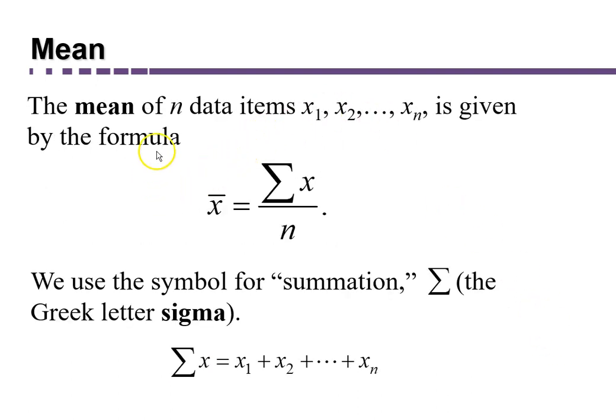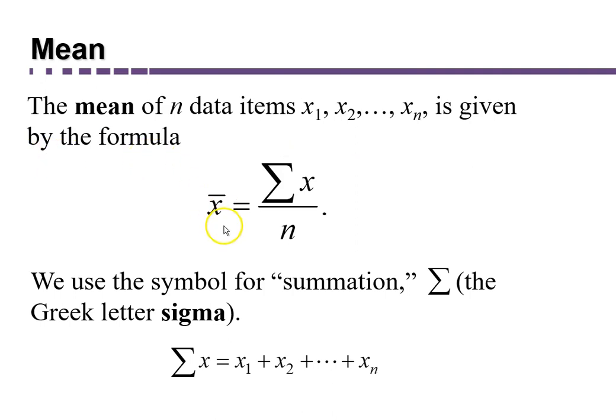Now, when you are collecting your data to get the mean, you have this series of items, x sub 1, x sub 2, the ellipsis, and then up to the last item, n indicating the number of items.